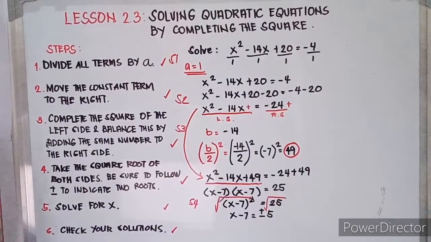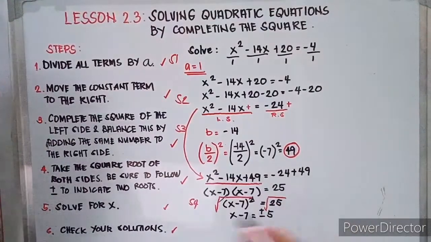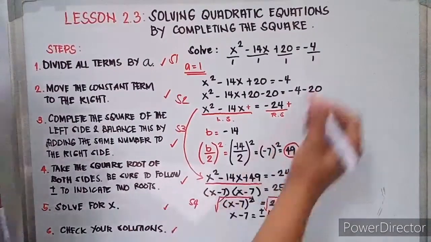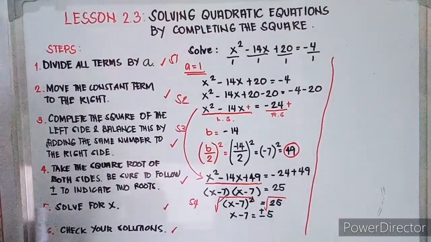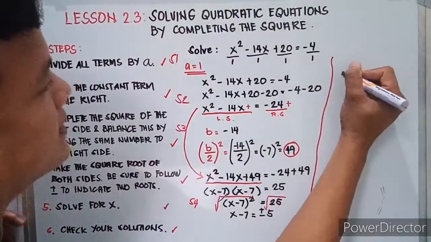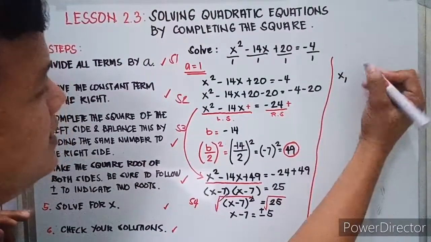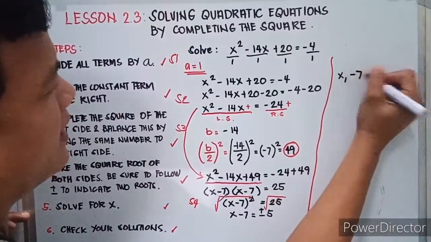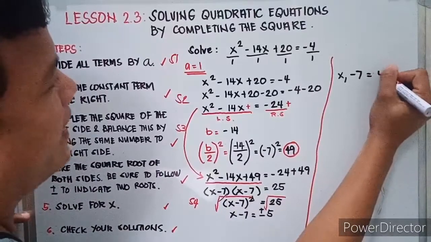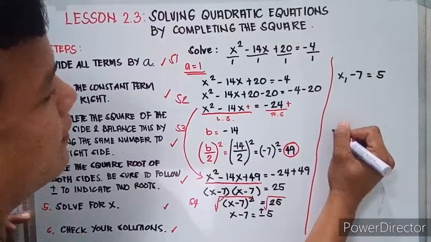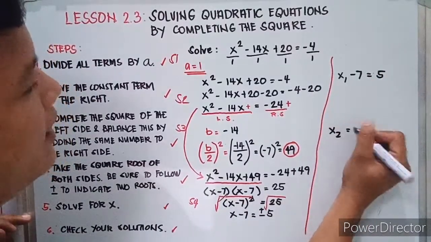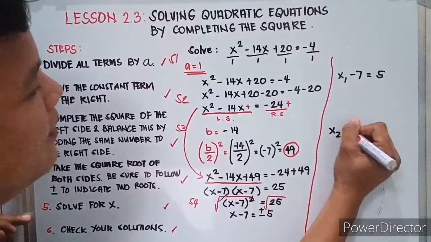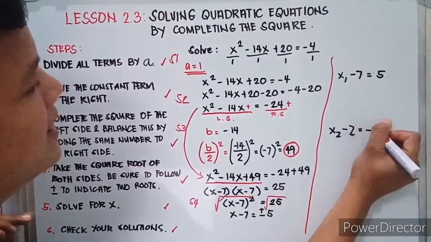So for our solution, for x sub 1, x sub 1 minus 7 equals positive 5. And for x sub 2, x sub 2 minus 7 equals negative 5.